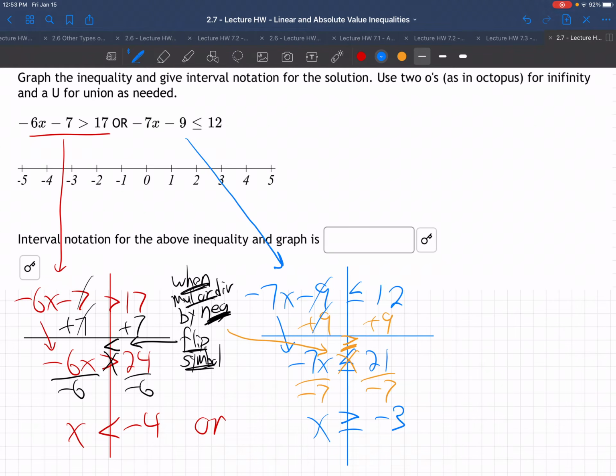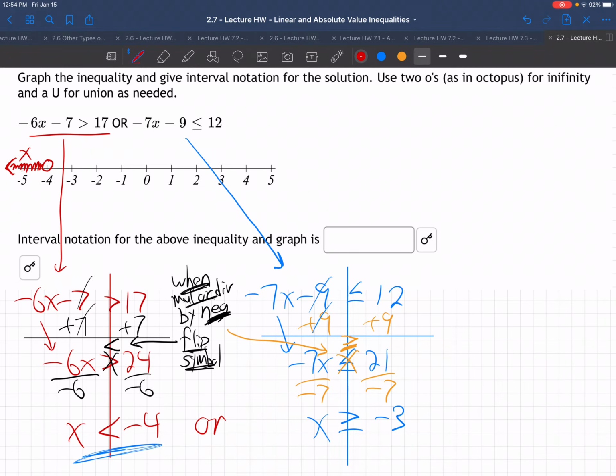So what does that mean? We're going to have to graph it first. What does this part say? X is less than negative 4, just straight less than. So I'm going to go open dot here, shading this way, because x is less than negative 4.